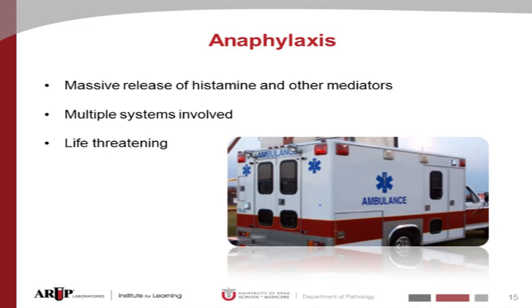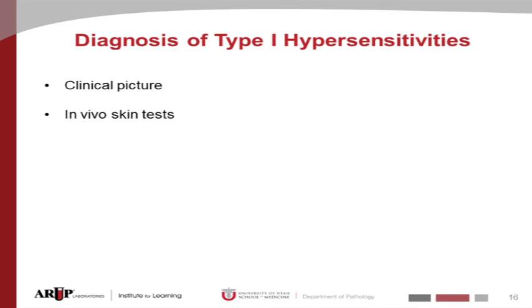Often a person who is having an anaphylactic reaction will grab their neck because they are unable to get enough air because of the swelling. And a person in anaphylactic shock can actually die of drowning from the fluids that are accumulating in the lungs. So it's life-threatening.